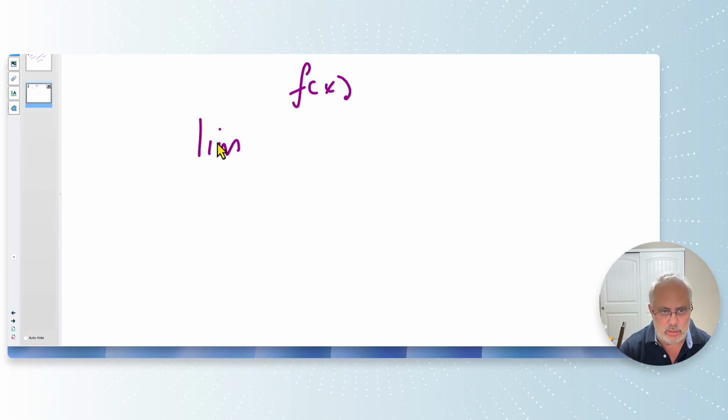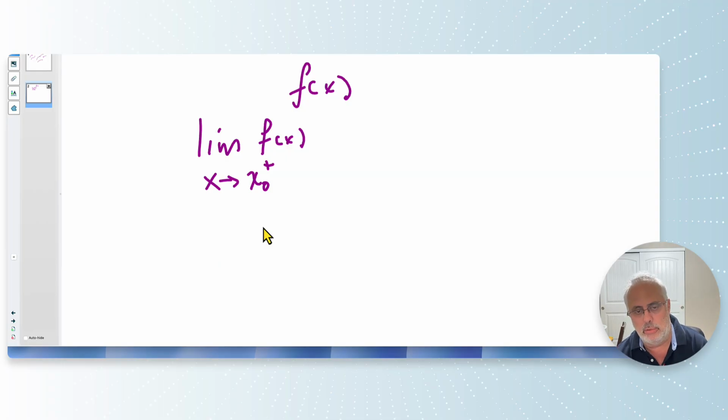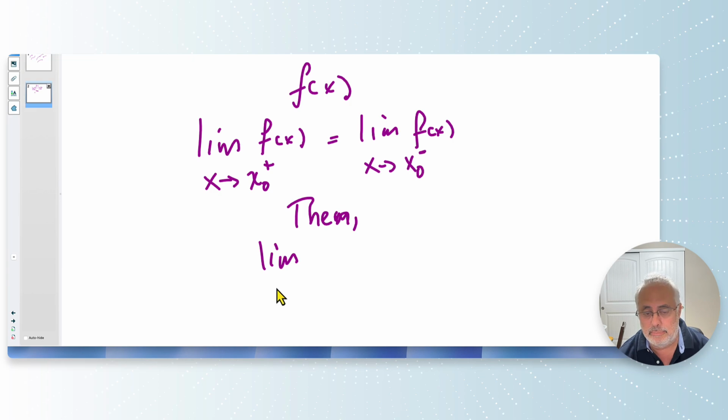The limit notation is something like this. So when the limit of the function f from the right to x sub 0, let's say x sub 0 with the plus, the limit from the right, is equal to the limit of the function f when x approaches x sub 0 from the left, and those two limits are the same, then you can say that the limit exists.